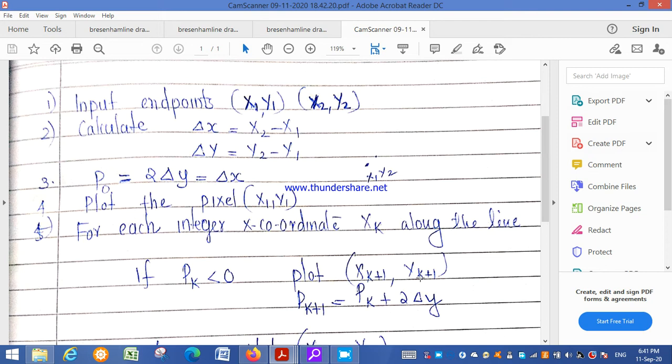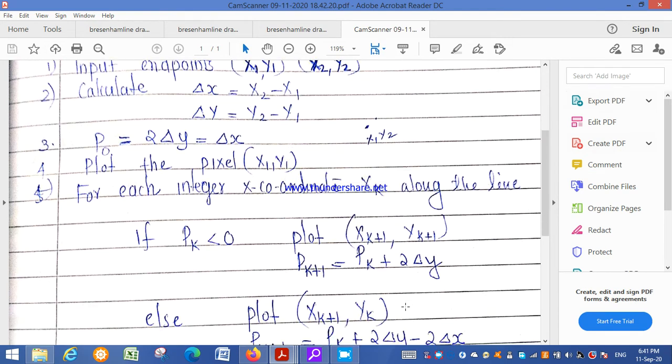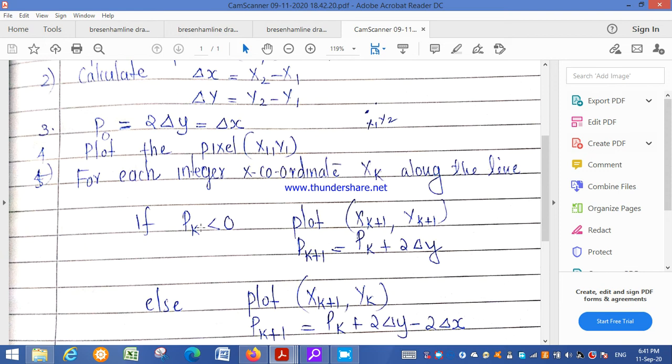Okay, and again we calculate the decision parameter pk plus 1, which is equal to the previous pk value plus 2 delta y. If the decision parameter value pk is greater than or equal to 0, we plot xk plus 1, yk, and again we calculate the decision parameter in order to plot the next point.